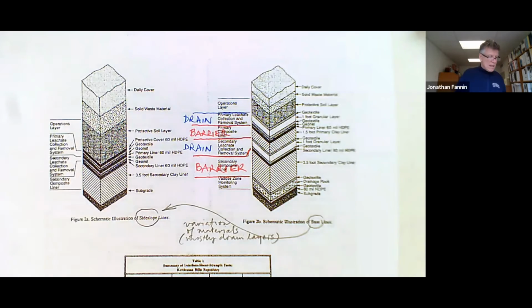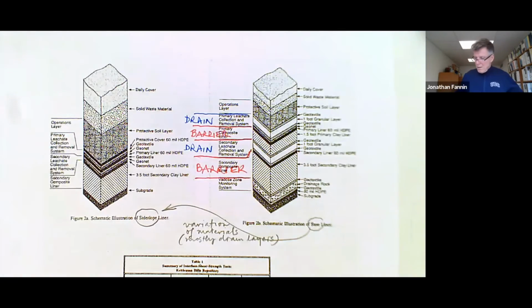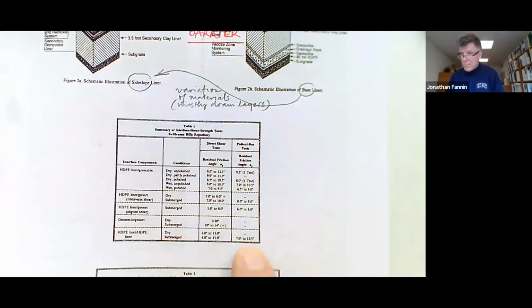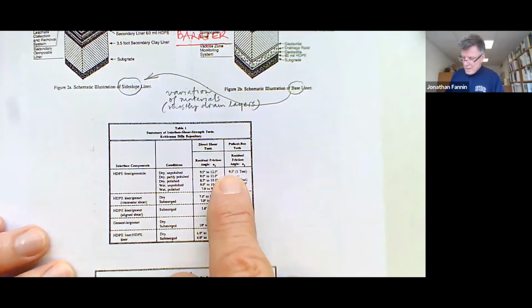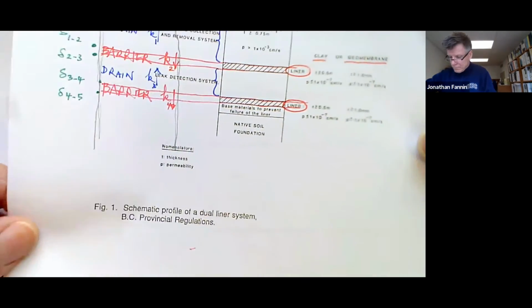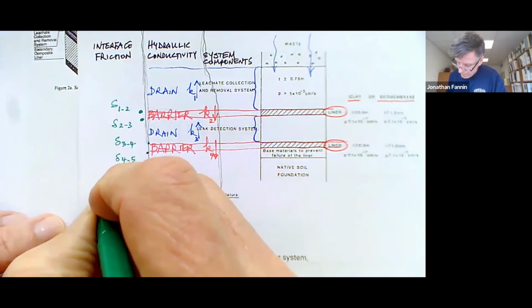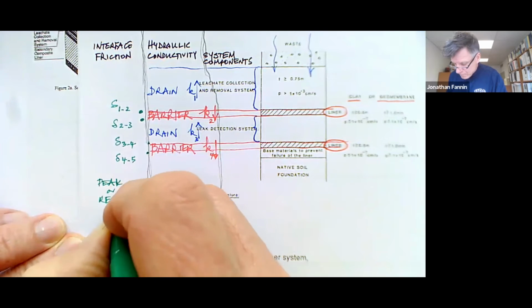And now that's going to put a challenge on our interface strengths, largely determined as friction here, and that's where things get set out. And I've copied from the Kettleman Hills some of those friction angles, and now we have a choice. Maybe I could even go back here and ask the question, peak or residual?